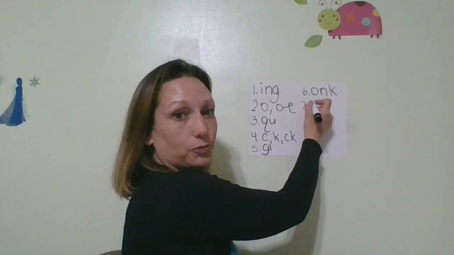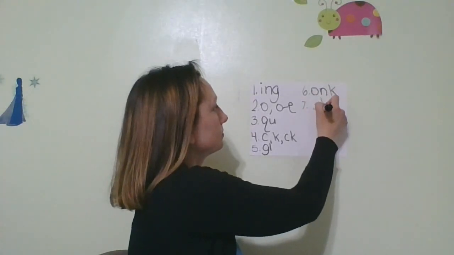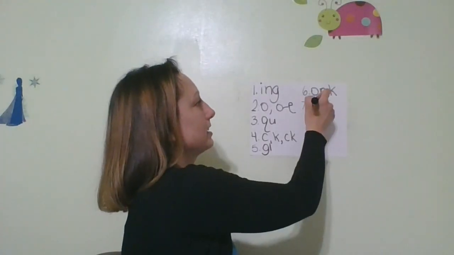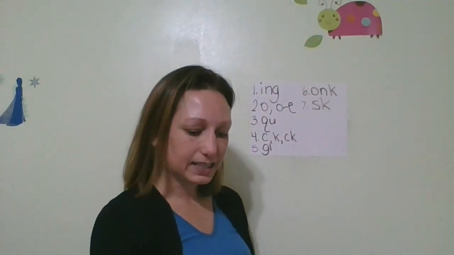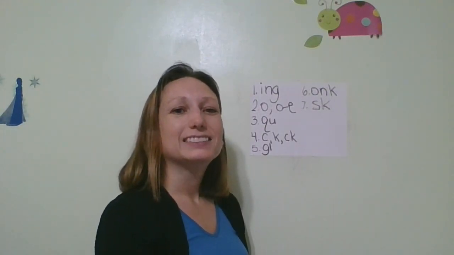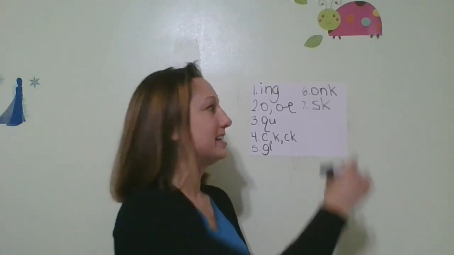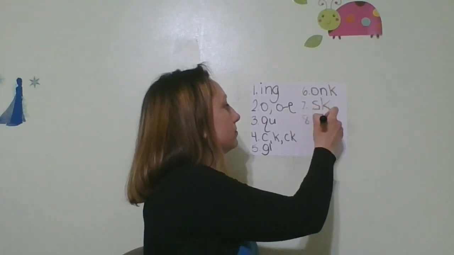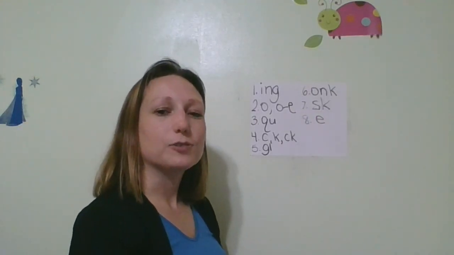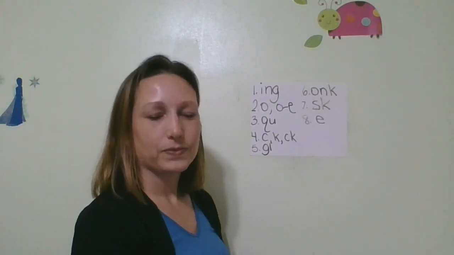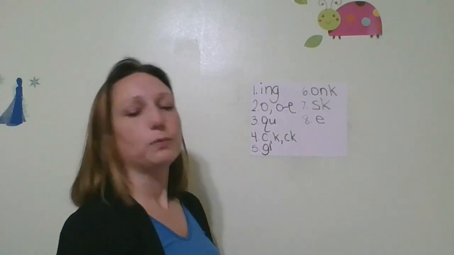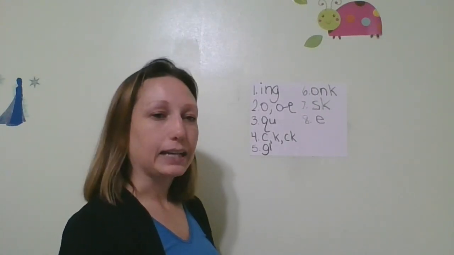And what blend did you write? S-K. Sk is the blend in skip. Next one, 1 way to write eh. E says eh. If you need to, stretch it out. E, eh. Number 9, 1 way to write the blend in black.